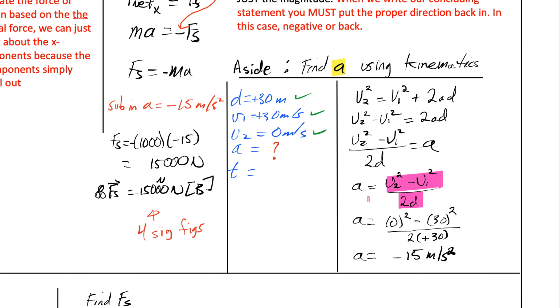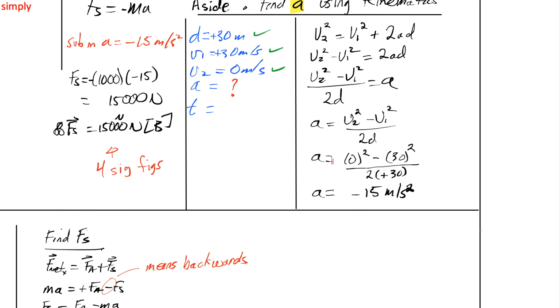And again, in grade 12, I'd make you actually substitute this in for the A and not the actual value. But again, in the interest of expediency, we'll just calculate our value for our acceleration. And since it works out to a nice non-rounded number of negative 15 meters per second squared, we don't have any rounding issues to be concerned with.